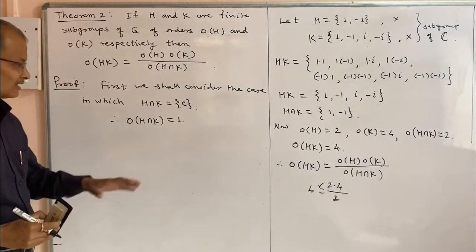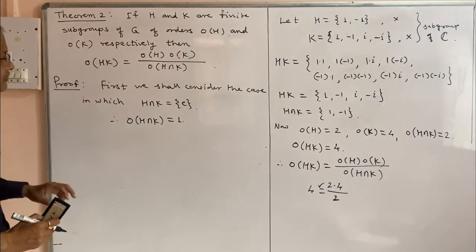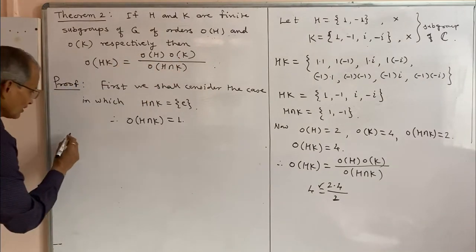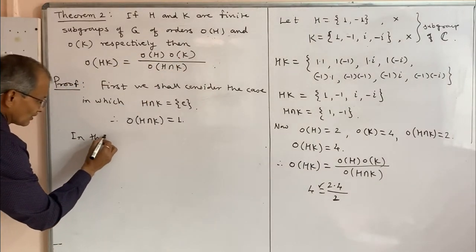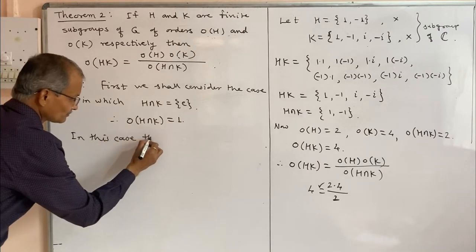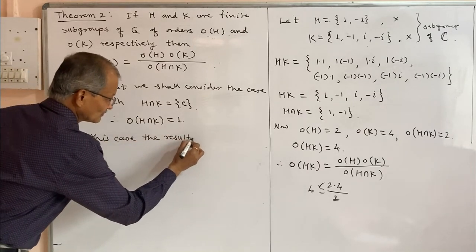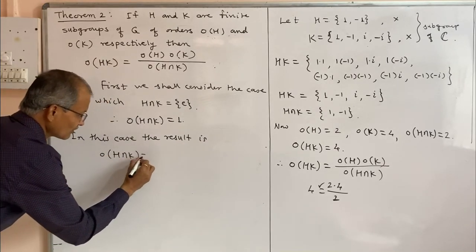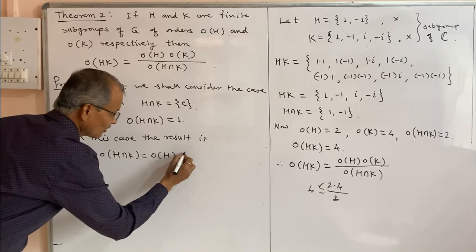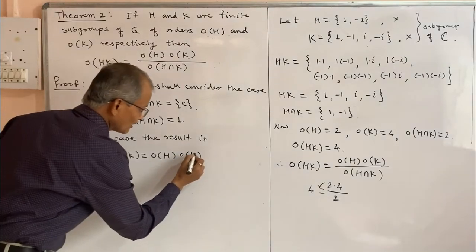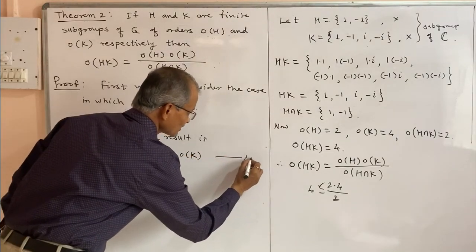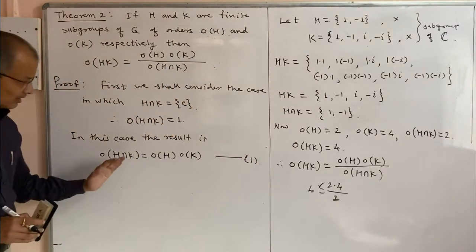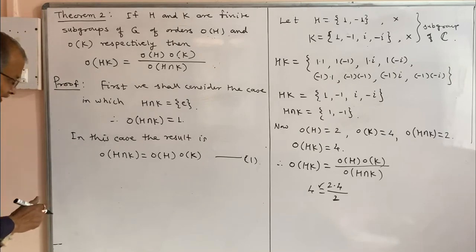And in this case the result becomes: order of HK is equal to order of H into order of K. And we shall call this our result 1. Now we have, by definition of HK.